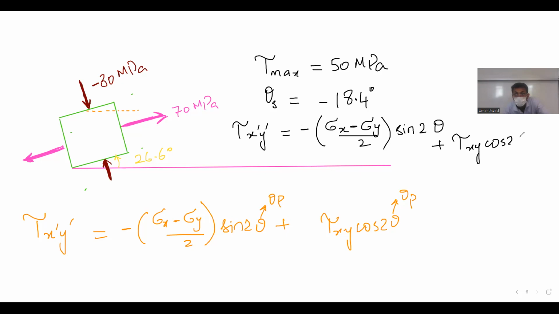I know that it can annoy anyone. Why don't you now substitute theta s as minus 18.4 and then tell me that you are indeed getting this. But double check. I'm getting the point. It's a transformation equation. You either use the direct maximum stress equation or you use the transformation.